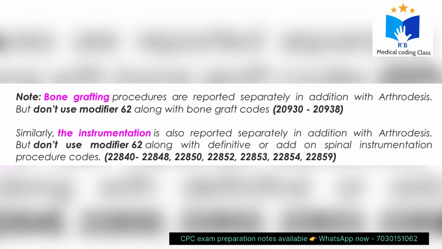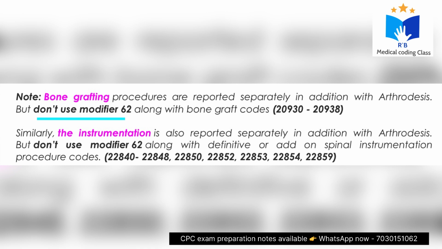Then bone grafting important guideline. These procedures are reported separately in addition to the code for arthrodesis, but don't use modifier 62 along with bone graft codes 20930 to 20938.